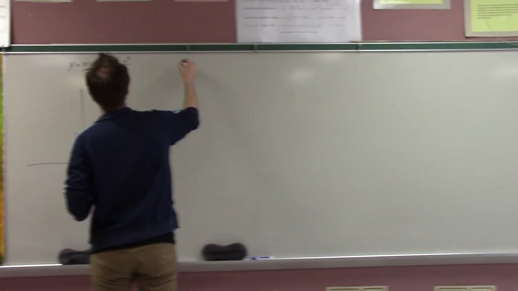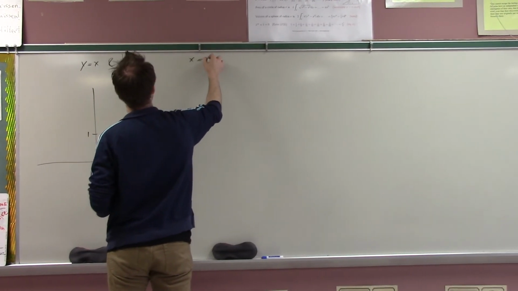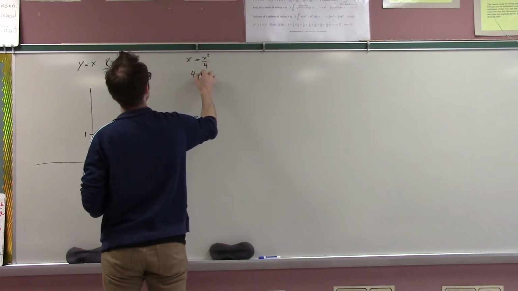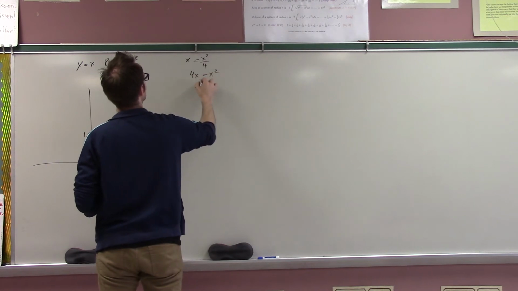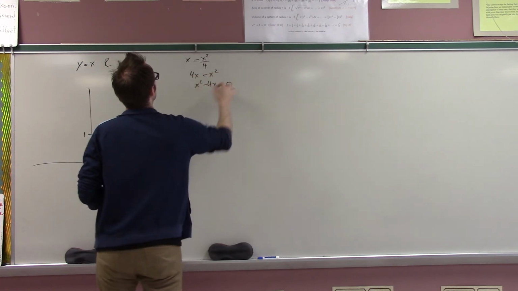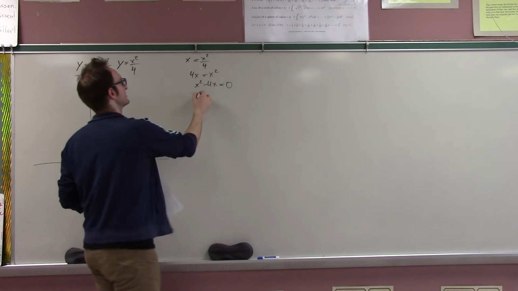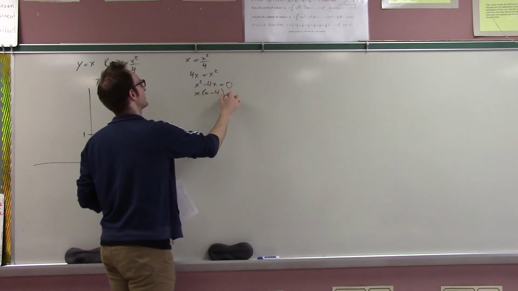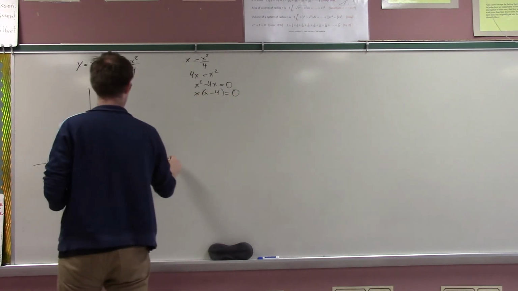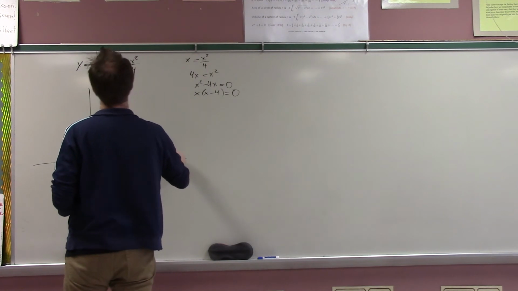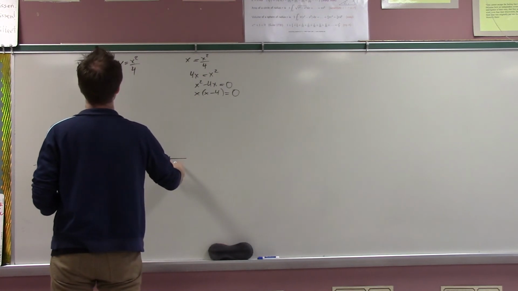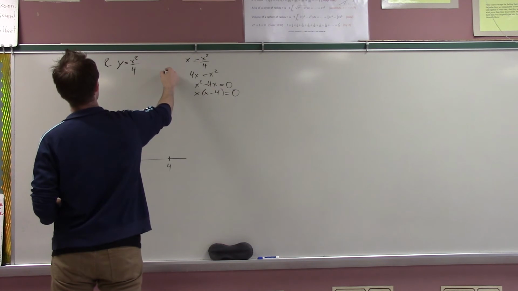Yikes. So where does x and x squared over 4 intersect? It's whenever 4x is x squared. So I guess it's going to happen at x equals 4, right? You with me? Let's assume that you are. And when you plug in 4, you get something way up here.